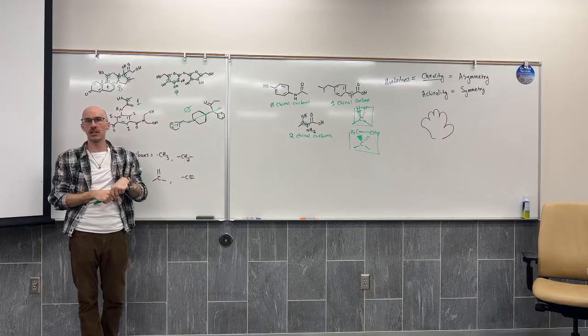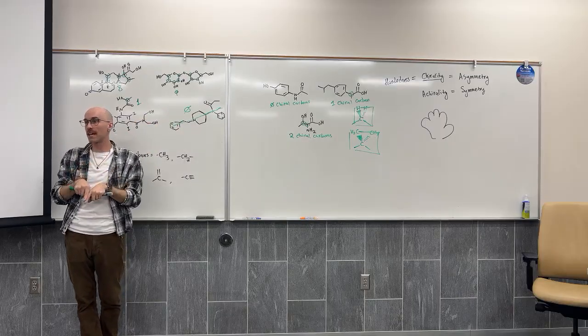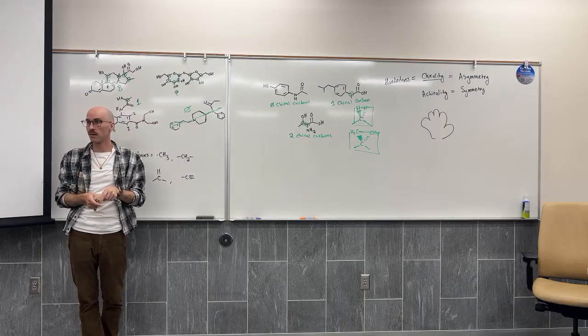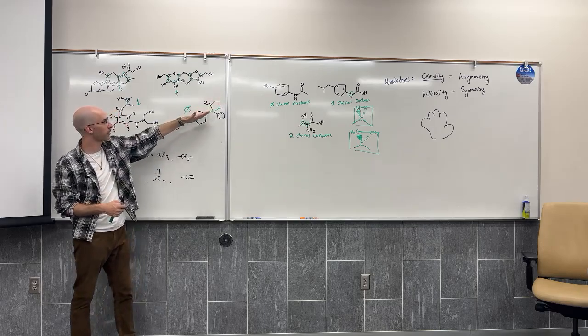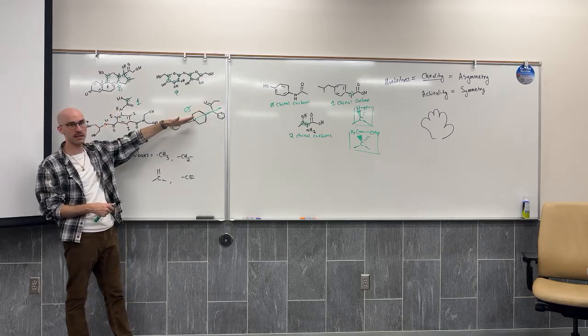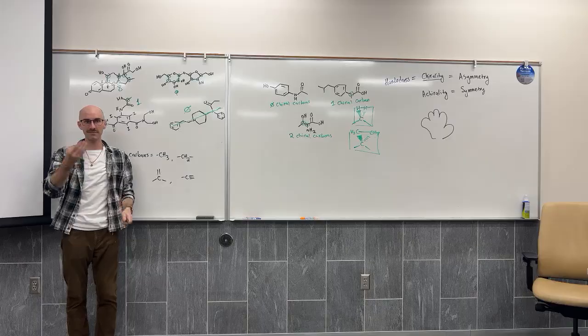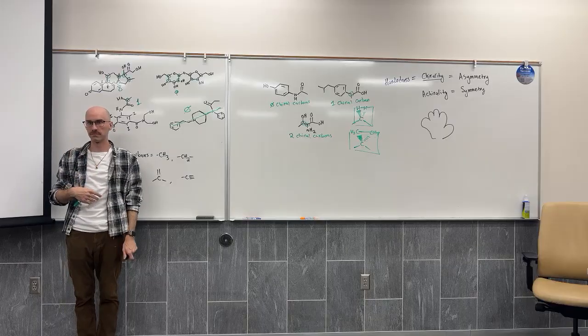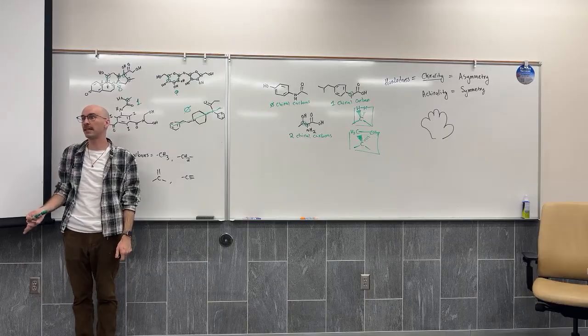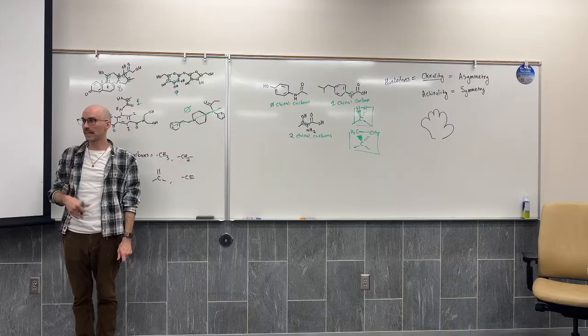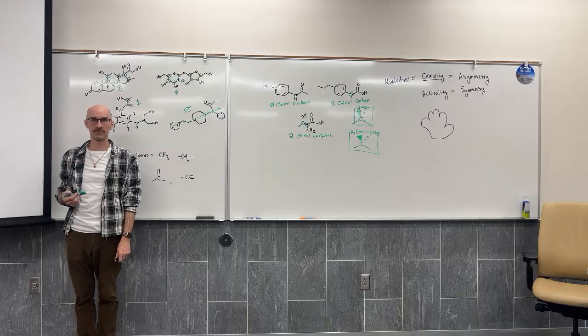They converged at the same point at the same time. And because I can draw this plane of symmetry through the ring, the carbon has a plane of symmetry, which means that it cannot be chiral if the carbon lies on symmetry.